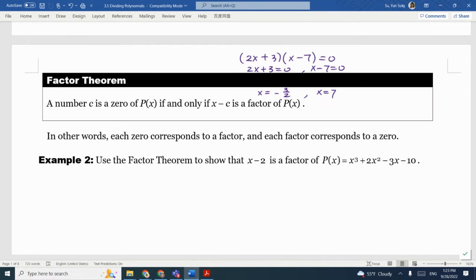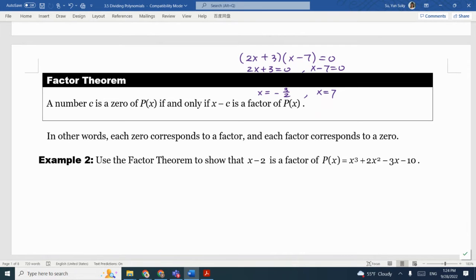See? c is a 0 if and only if x minus c is a factor. 7 is a 0 if and only if x minus 7 is a factor of the polynomial. So that is the factor theorem. In other words, each 0 corresponds to a factor, and each factor corresponds to a 0.